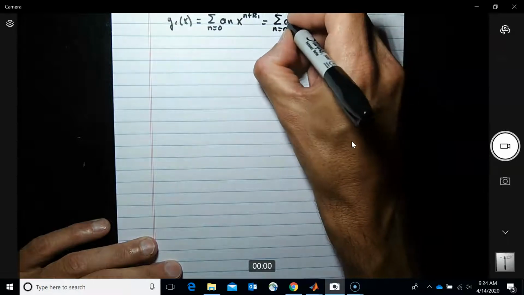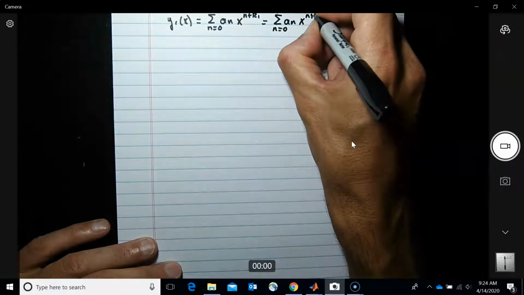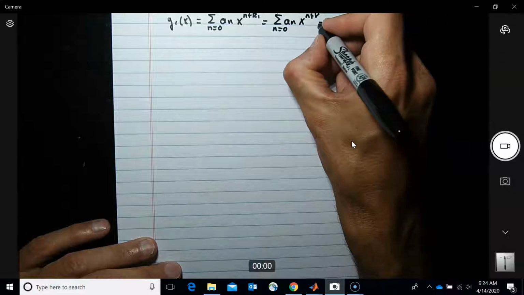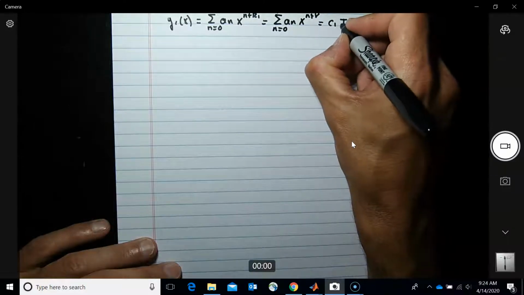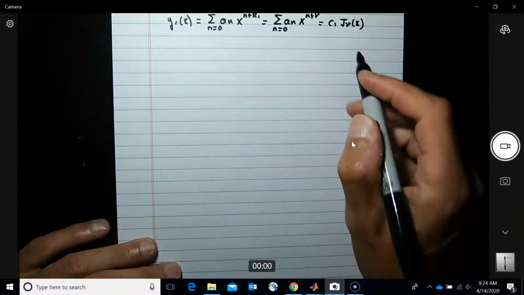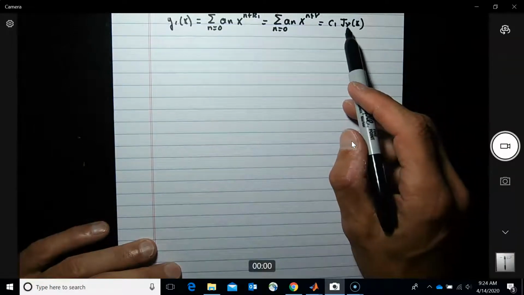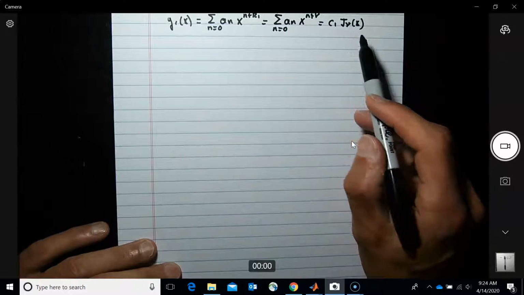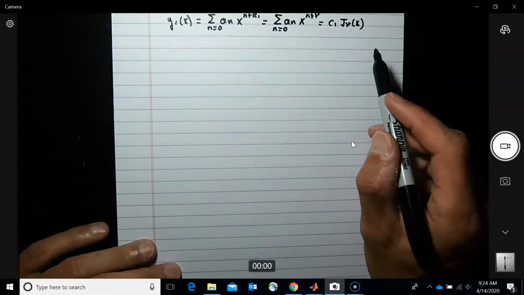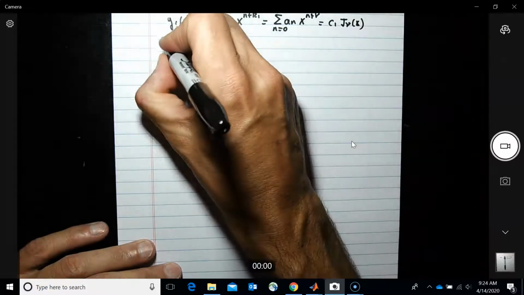So the same as before, a sub n x to the n plus mu. And again, we know this will be equal to J mu, the Bessel function of the first kind of order mu of x.